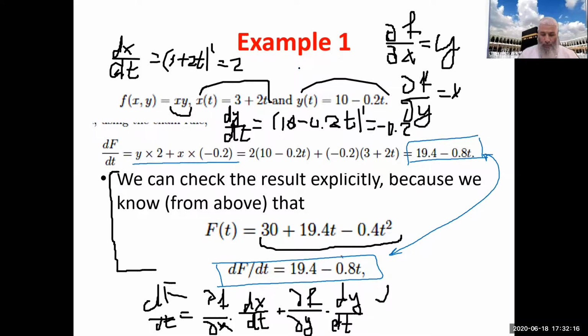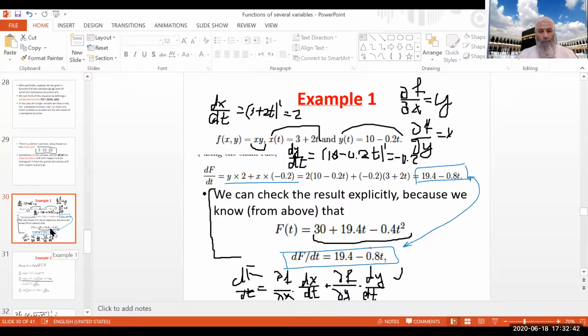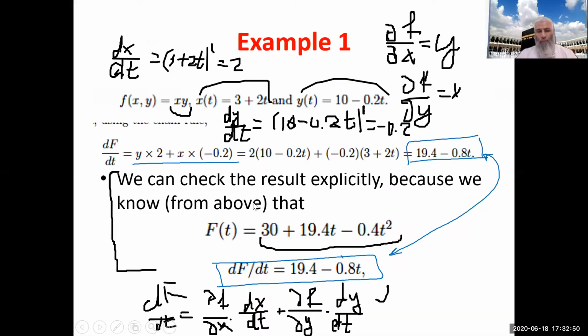F of x and y equals xy, and x of t equals 3 plus 2t, and y of t equals 10 minus 0.2t.